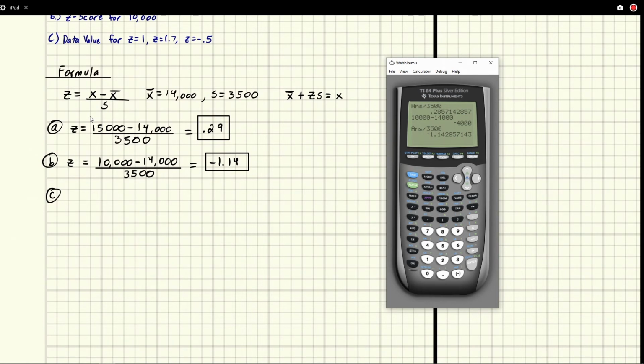So our mean is 14,000. We're going to add to it the z-score. So the first one is 1 times the standard deviation, 3,500. This will give us out the x value. So if we have a z-score, we can go back and find the data that corresponds with it. It's really, really important that we understand that we can go backwards.